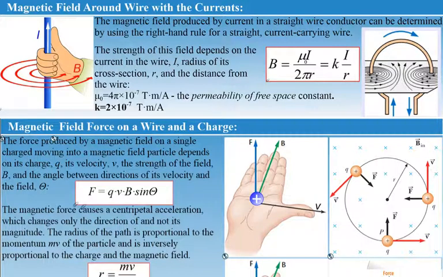Mu over 2 pi together could be replaced with k, and k equals 2 times 10 to the negative 7.